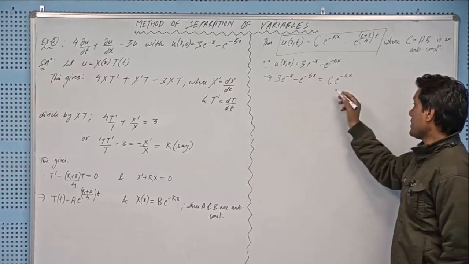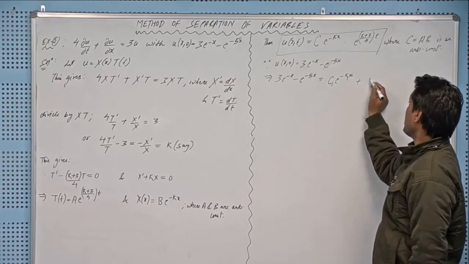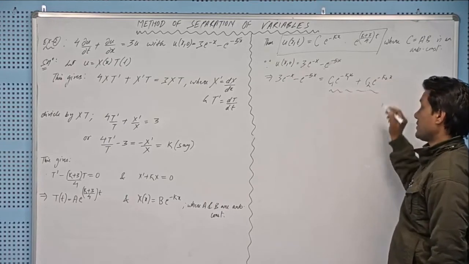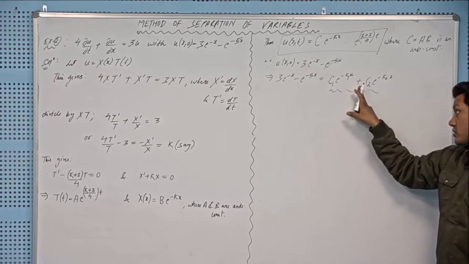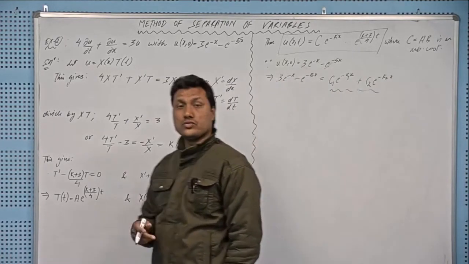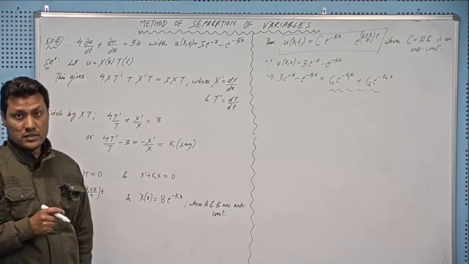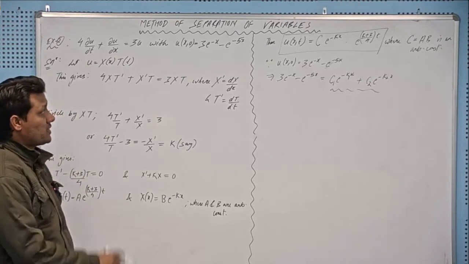So let me write it as c1 e^(-k1 x) and another solution c2 e to the power minus k2 x, and please notice this step. Why have I taken plus here? Because we are dealing with a linear equation, and we know that the sum of two solutions is again a solution, the sum of any number of solutions is again a solution, and that is the idea behind this.